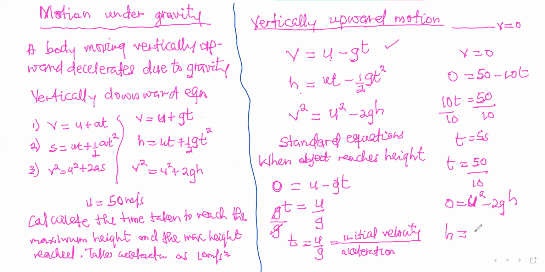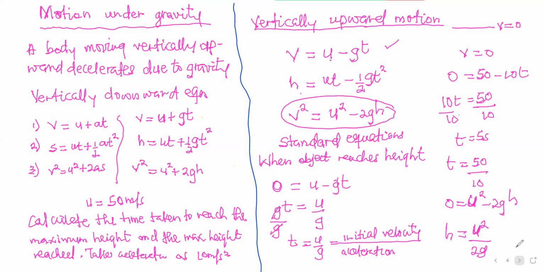So instead of using this equation, the standard formula is that the maximum height reached is equal to the square of the initial velocity divided by 2g.